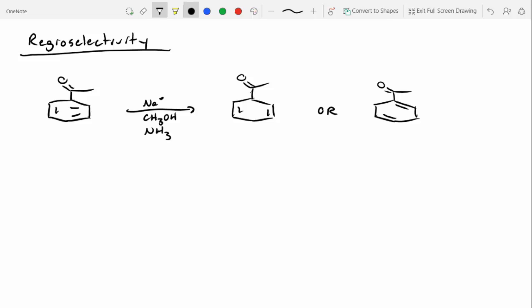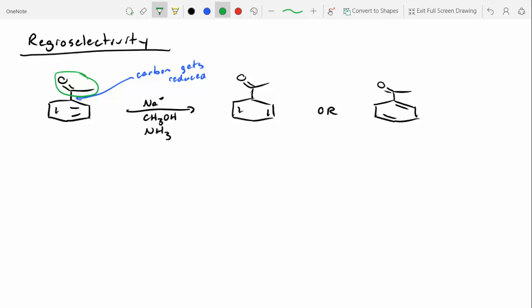So the important thing to look at is the carbon. So if we look at this carbon, it gets reduced, right? If we think about this, we've got this substituent on here, and is this substituent electron withdrawing or electron donating?